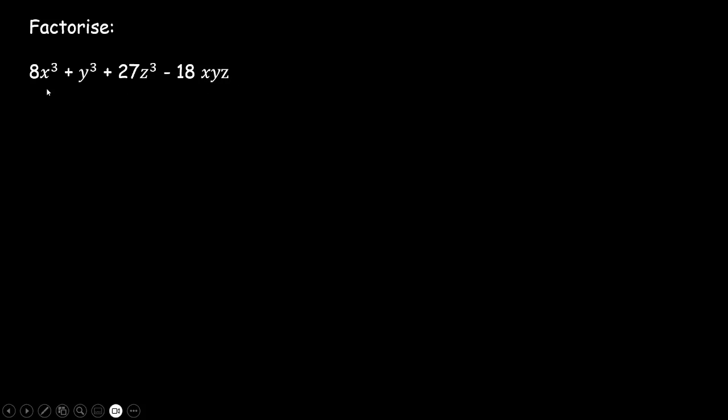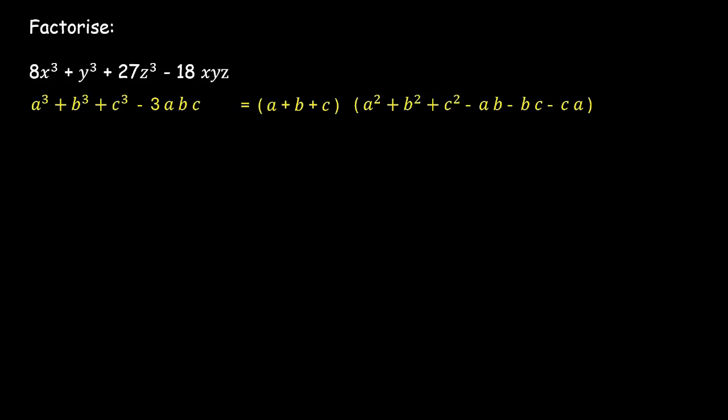Well, we also learned one such identity. If you just remember, we learned a mnemonic for it as well. 3 cubes unite minus 3 times their bite. So this is the identity a cube plus b cube plus c cube minus 3abc, whose expansion was do the sum, then square, subtract pair by pair: (a plus b plus c)(a square plus b square plus c square minus ab minus bc minus ca).